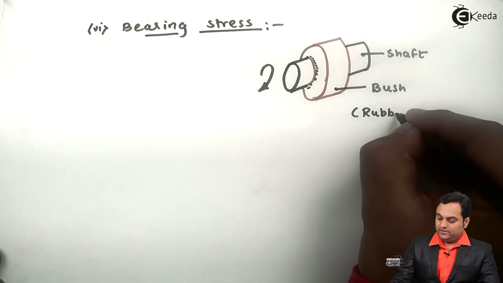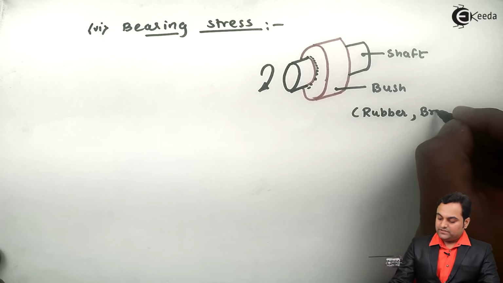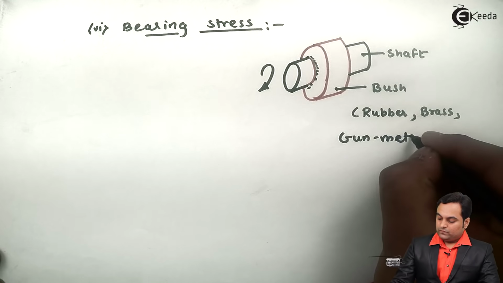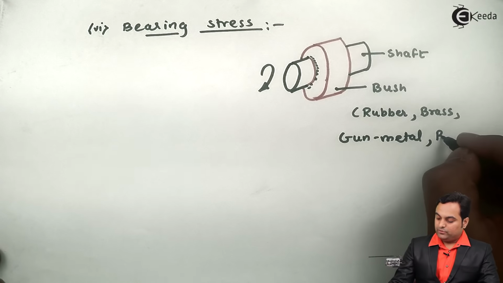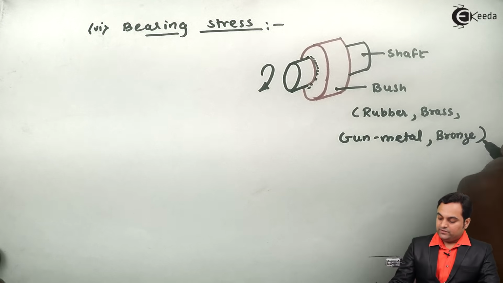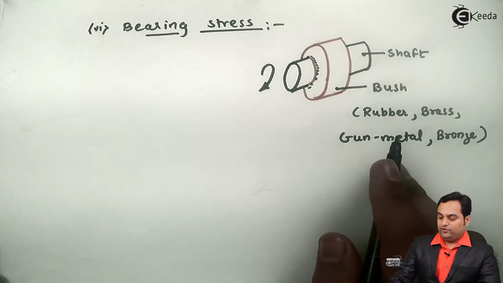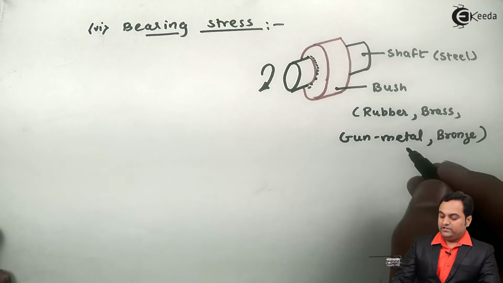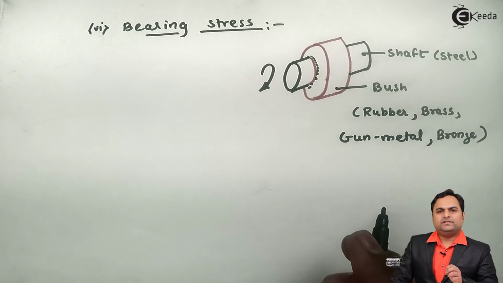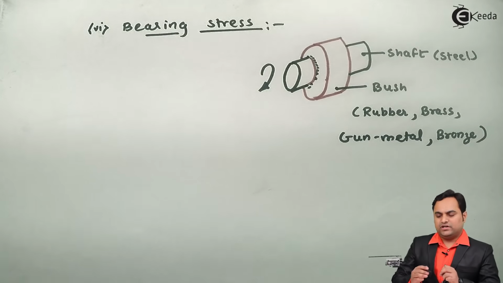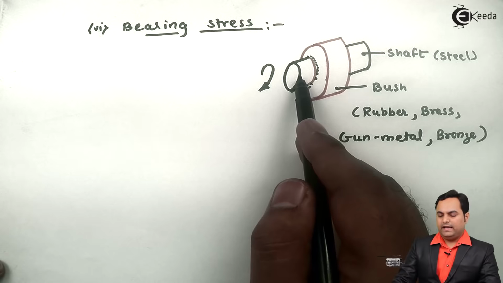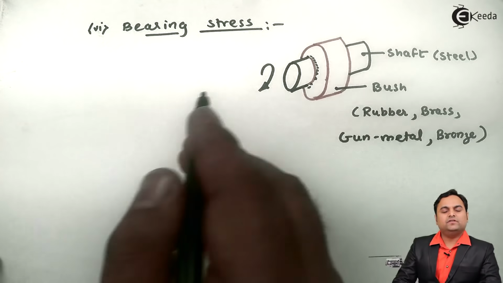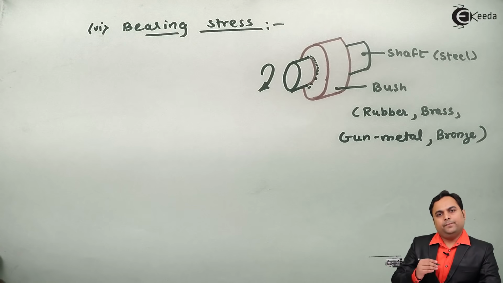For example, it can be rubber, brass, gunmetal, or bronze. The shaft is mostly made of steel, which is harder compared to the bush. Because of continuous rotation of the shaft, this bush may get worn out, and this failure is called bearing failure. The stress developed in the bush is called bearing stress.